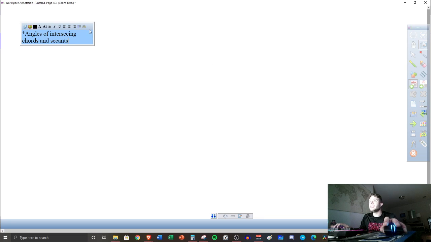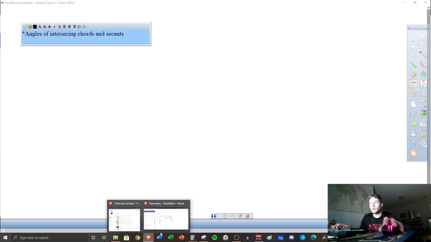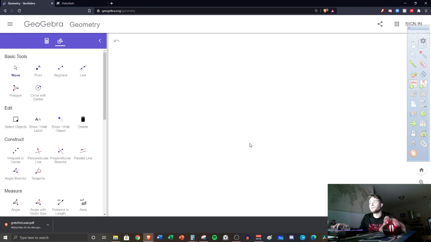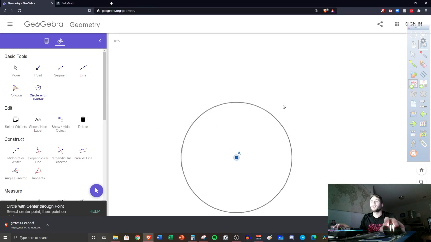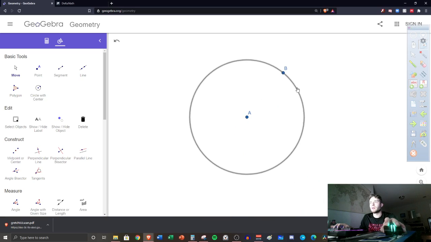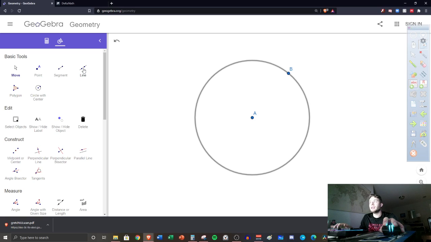So what is a secant? Well, a secant is almost identical to a chord, so let's go ahead and start a new diagram here. I'm just going to show this and we'll do some examples, but we're going to be using chords for this. A secant is the same thing as a chord, except you use a line instead.